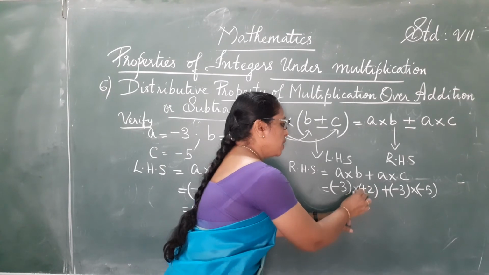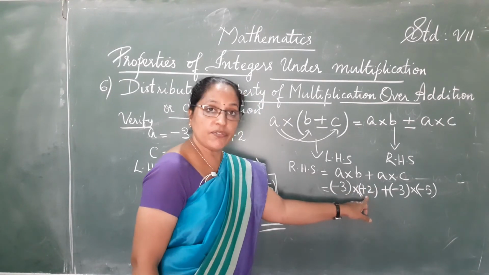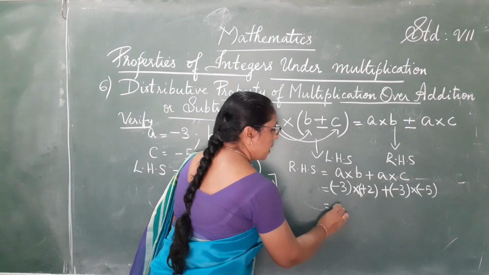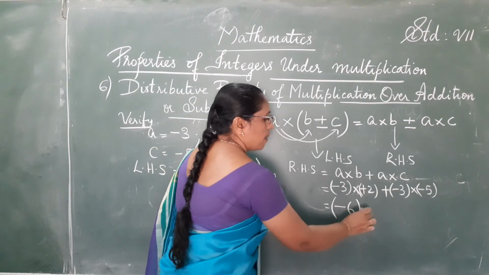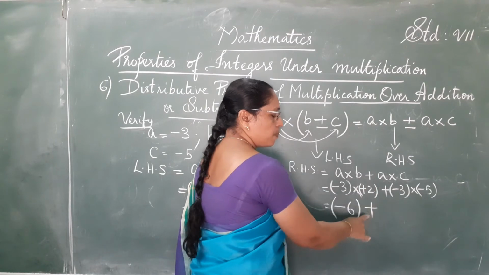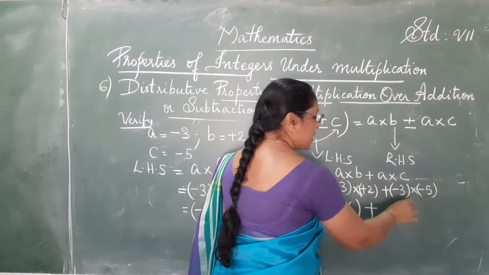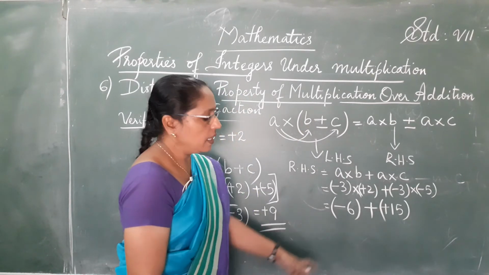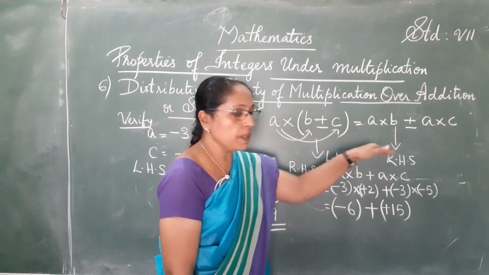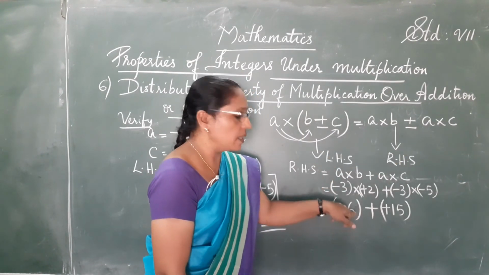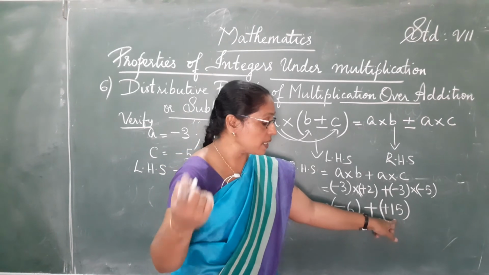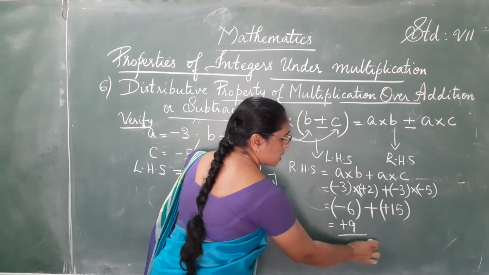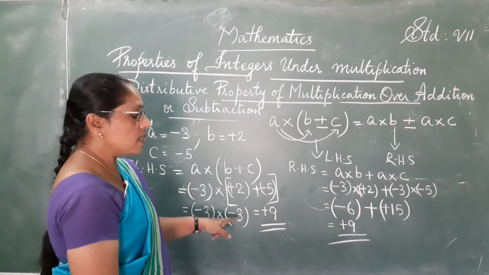Two integers have different signs: negative 3 into positive 2 gives negative 6, plus. The middle sign is plus. Negative 3 into negative 5 is positive 15. Now multiplication is over, now comes addition. When two integers have different signs, subtract and put the sign of the bigger number. So positive 9.